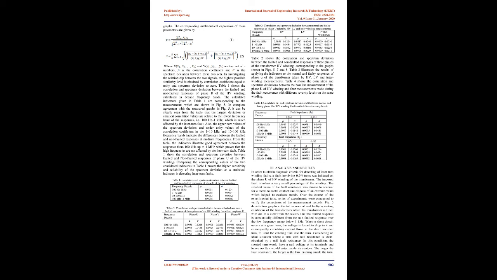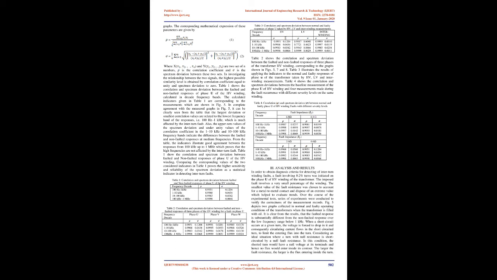Statistical parameters such as correlation coefficient, spectrum deviation, and maximum absolute difference have been proposed by IEEE in order to establish the differences between recordings of the SFRA measurements. Correlation coefficient and spectrum deviation, as two statistical indicators, were used in this study for comparing the SFRA graphs.